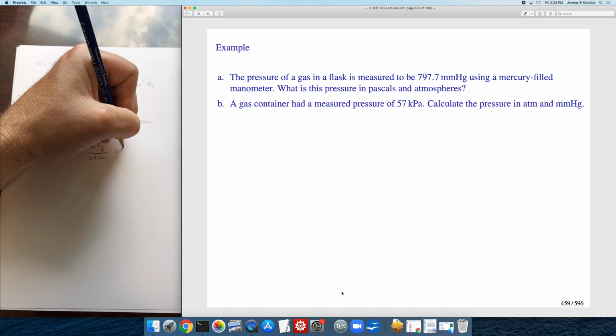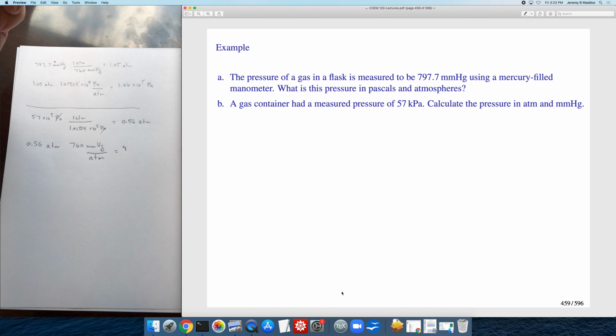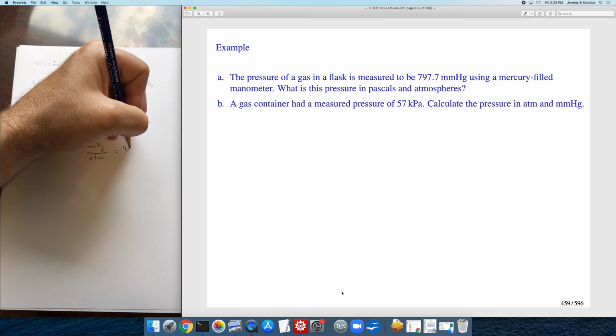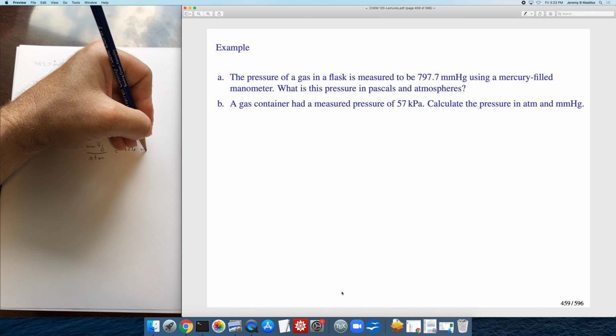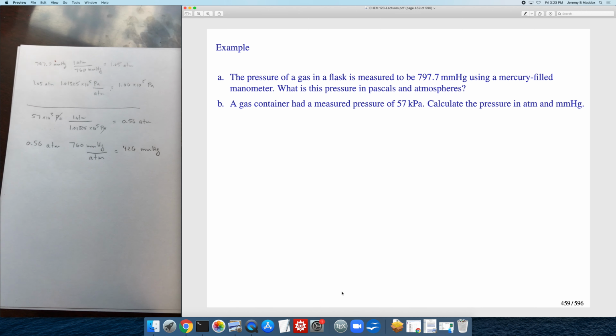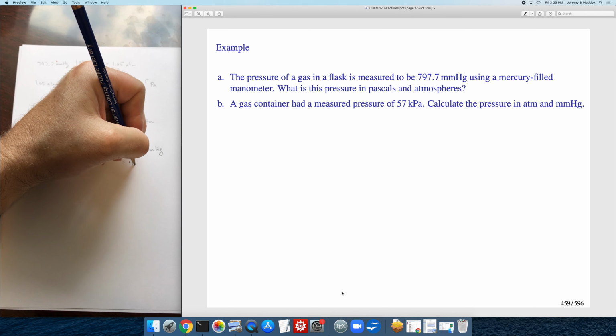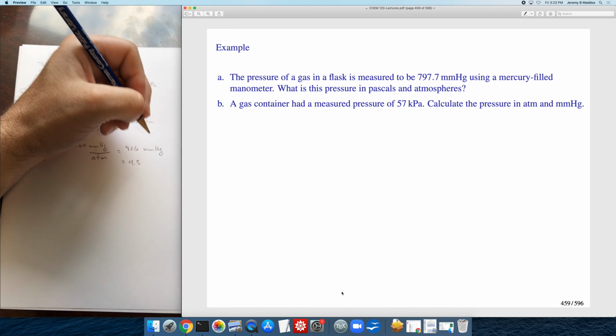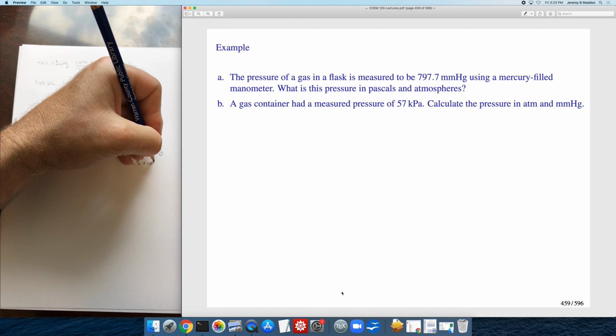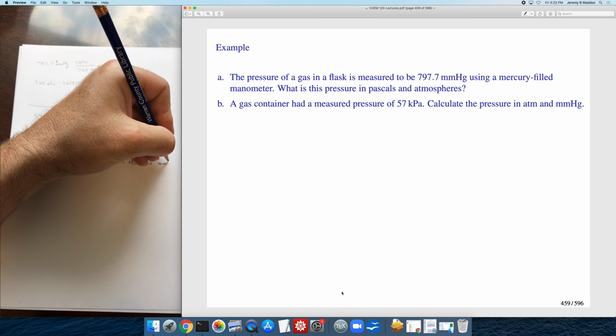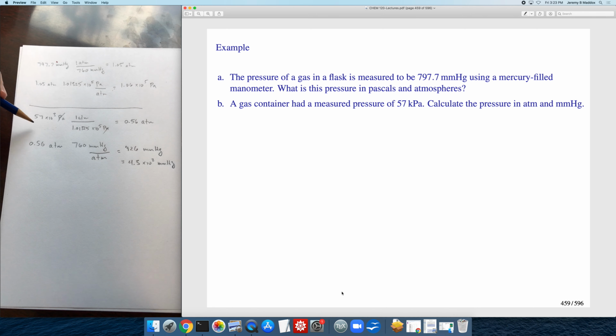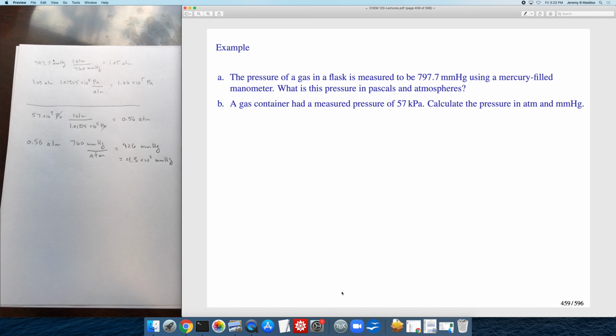And so I'm getting 426 millimeters of mercury out of that. If we were to use proper sig figs, we'd make that 4.3 times 10 to the 2 millimeters of mercury, just because this number only has 2 sig figs, so our answer should only have 2 sig figs.